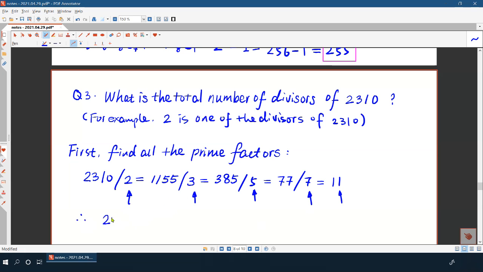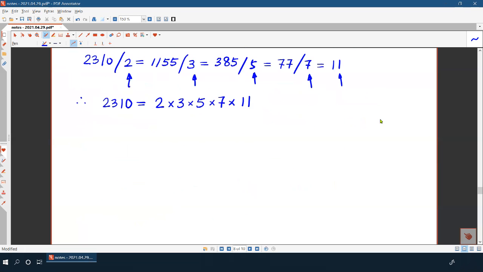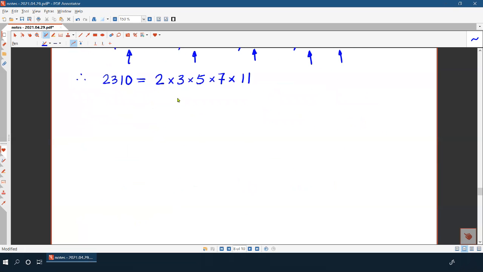So we factor 2310 into 2 times 3 times 5 times 7 times 11, right? We factor this number into a product of 5 prime factors. And now we can consider it as if we pick any one of the prime factors, that number is of course a divisor of 2310, right?